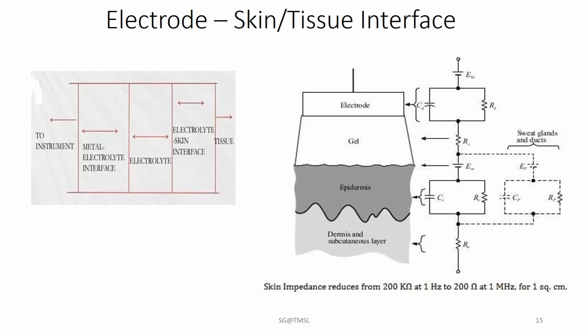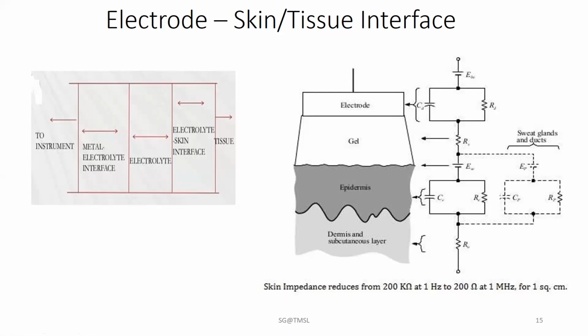Here RS is the effective resistance associated with the interface effects of this gel between the electrode and the skin. And RSE, the lower resistance, creates some potential difference due to ionic concentration across the epidermis, or at least the stratum corneum as a semi-permeable membrane.